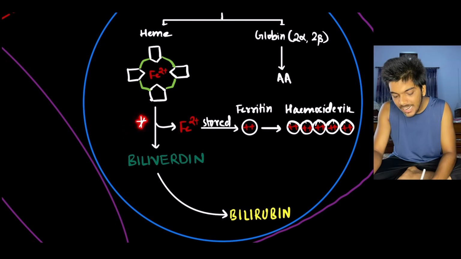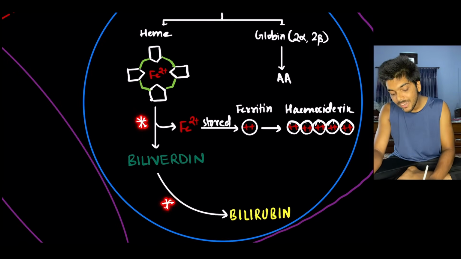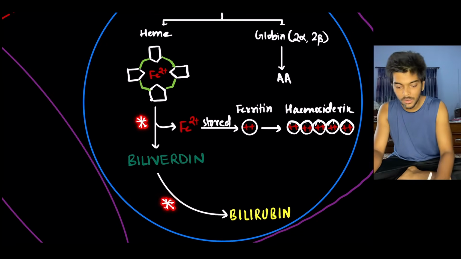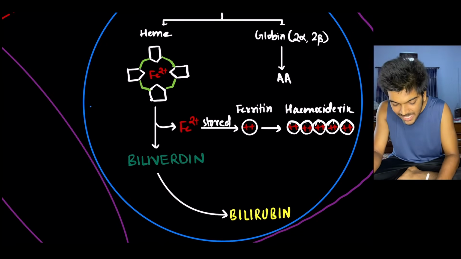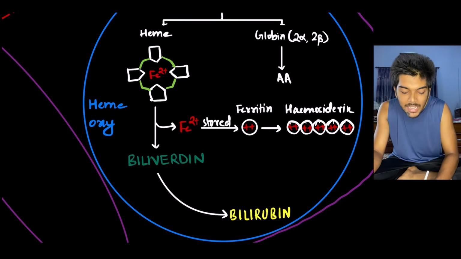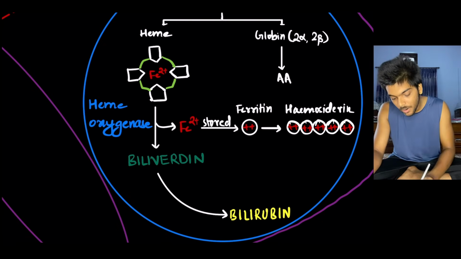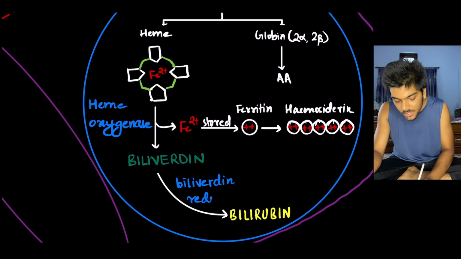Number one, for the degradation of the porphyrin ring into biliverdin, and number two, for the reduction of biliverdin to bilirubin. So the first enzyme which degrades the ring of the heme is heme oxygenase, and the second enzyme which reduces biliverdin is biliverdin reductase. And finally we get bilirubin.